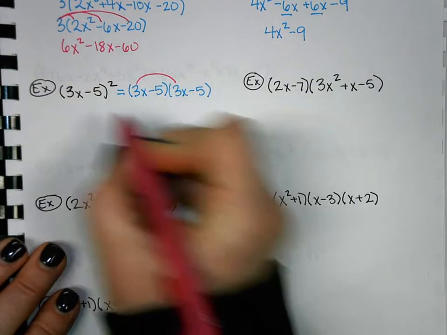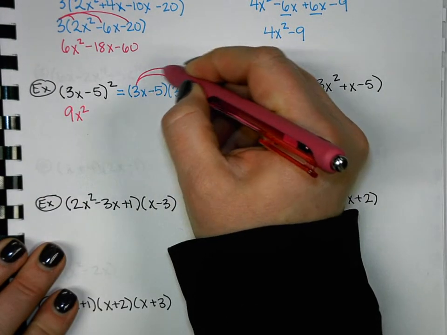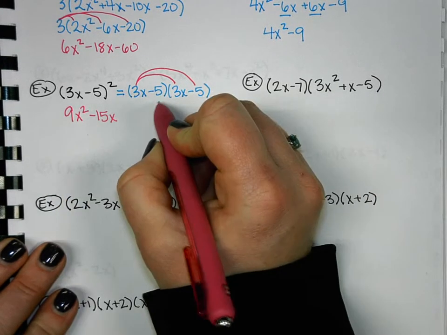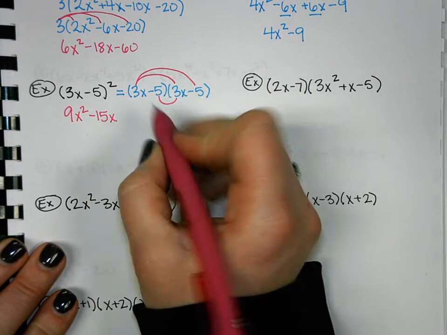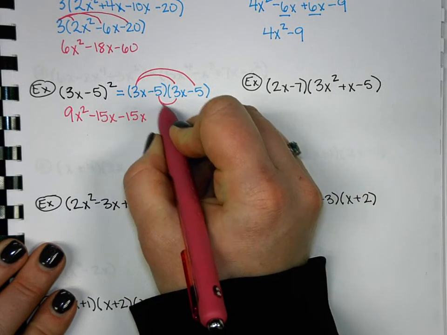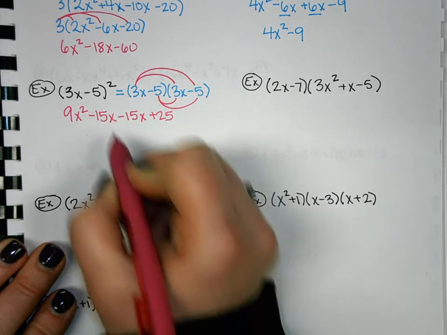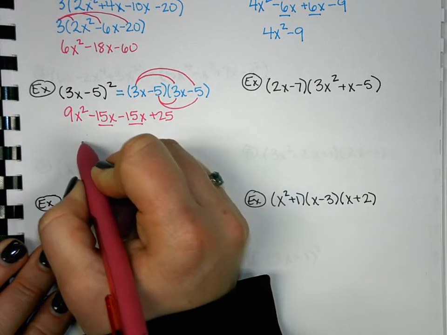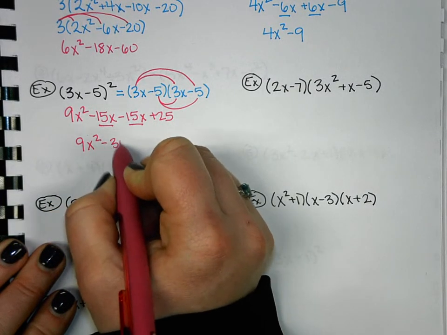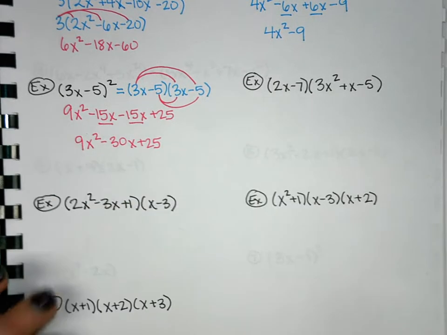So 3x times 3x is 9x squared. 3x times negative 5, negative 15x. Negative 5 times 3x is negative 15x. And negative 5 times negative 5 is plus 25. Add together your like terms. And you're done.